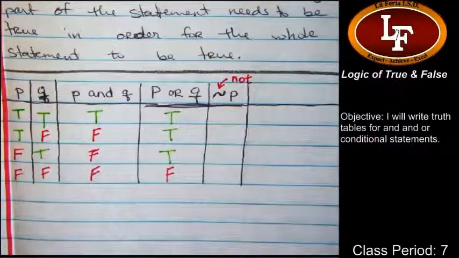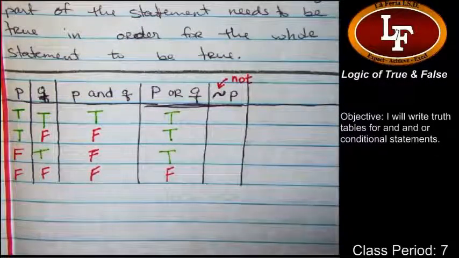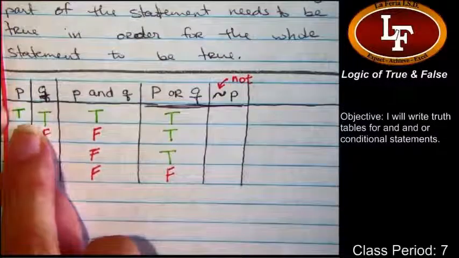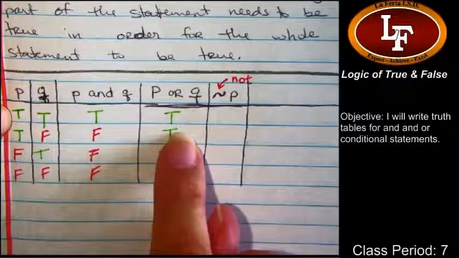And when we did inverse, what did we use that word not to mean? When we negated the statement on the inverse, we use the word not. Yeah, the opposite. So take the truth value that's there and give me the opposite.